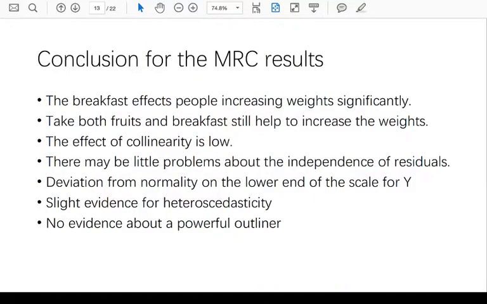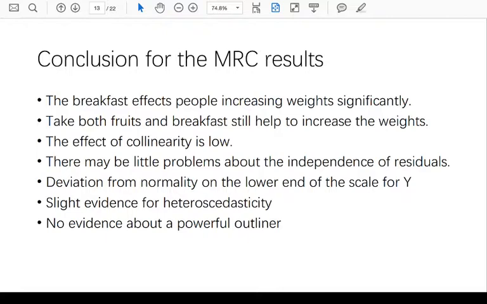So I make a conclusion for the MRC here. I think breakfast affects people's weight increase significantly, and the interaction effect of fruits and breakfast still helps to increase their weights.